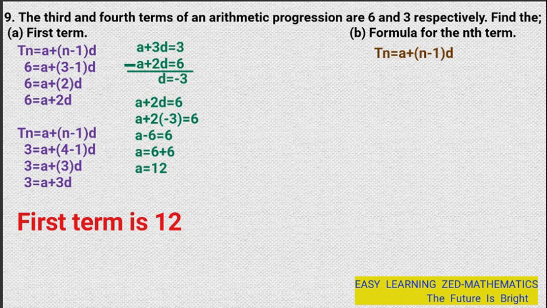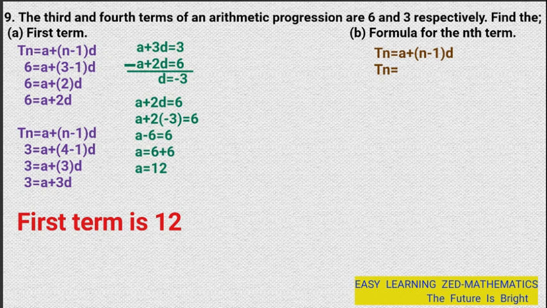We don't know the value of Tn, so we're going to write Tn. Then we know the first term, so where there is a, we're going to replace it with 12, because a stands for the first term. So the first term is 12.